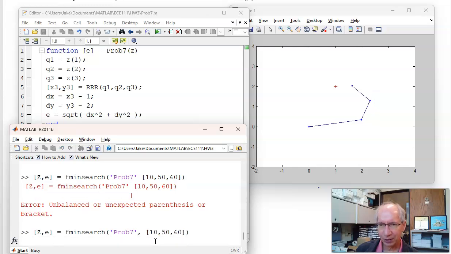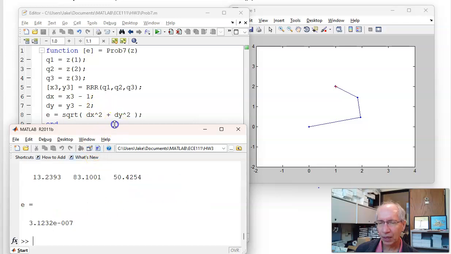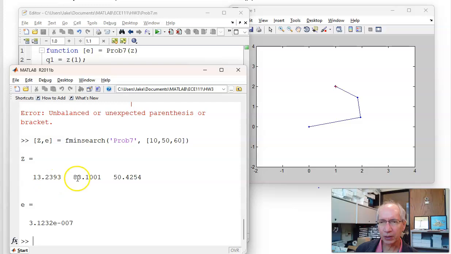And it's iterating, trying to drive the tip to there, trying to drive the error to 0. And guesses. Looks like it found the answer. Answer found is, here's theta 1, theta 2, theta 3.